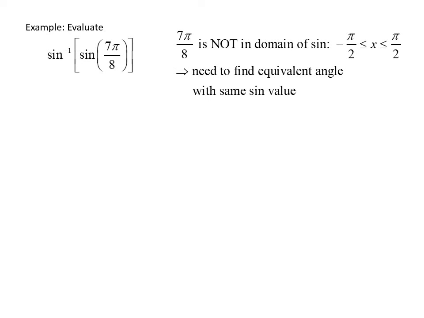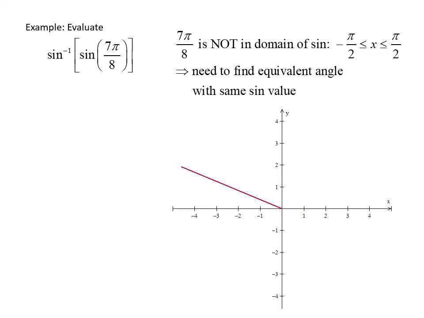So let's sketch this out to see what we're dealing with. 7 pi over 8, if we look at our unit circle, would wind up being in the second quadrant. It's just a little bit less than pi. So if we can find the angle from it to the x-axis, then we can use that to determine an equivalent angle that would be within the range of our inverse sine.